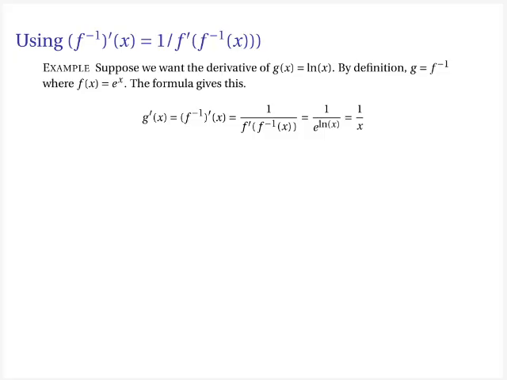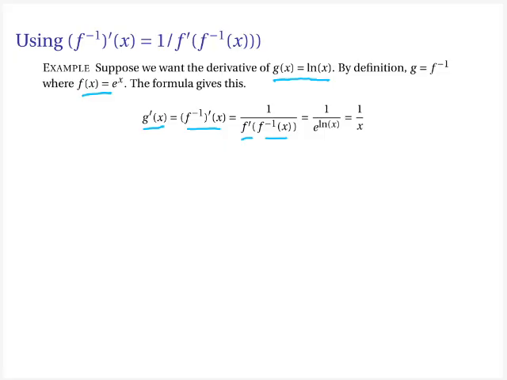I want to close by using this twice to check that we get what we think we're going to get. So, I'm looking at the ln and thinking of it as the inverse of the exponential. Then the derivative should be f inverse prime of x. So you're looking at 1 over f prime of f inverse of x.